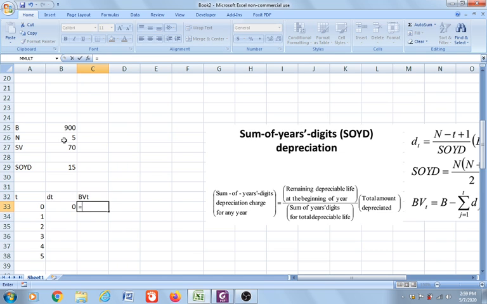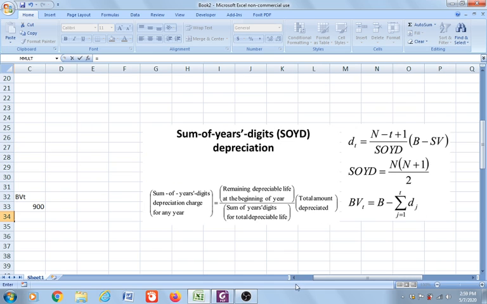BV in year 0 is just the basis. Now, what is D_t in year 1? It will be the remaining life, which is 5 years, divided by SOYD times the basis minus the salvage value. So we will use this equation.